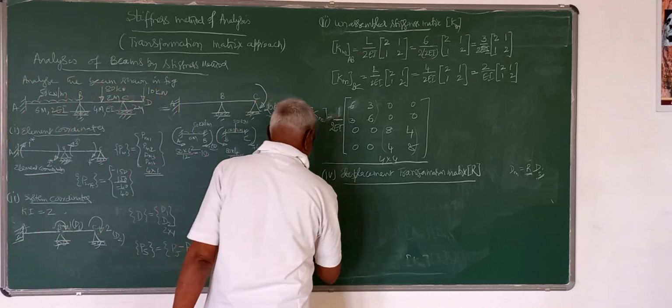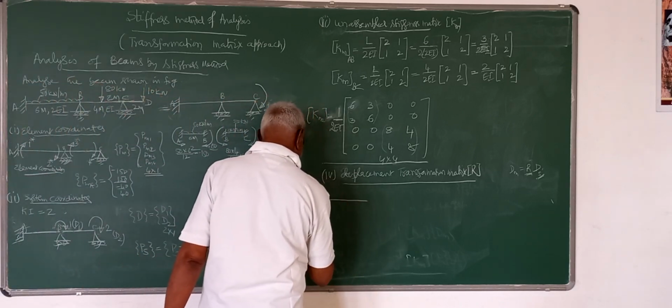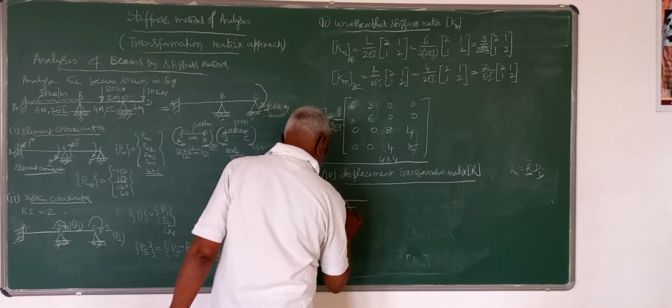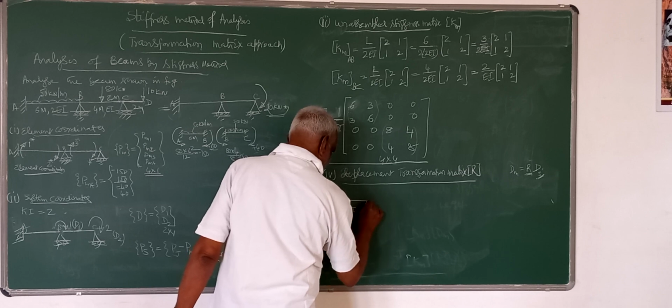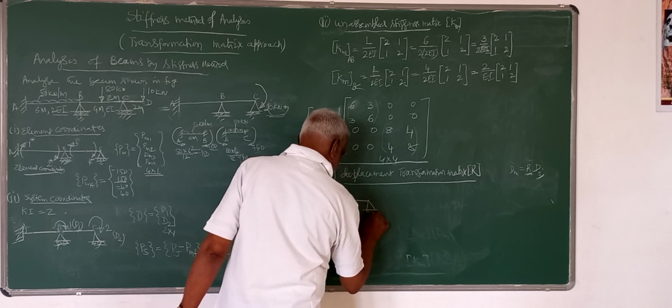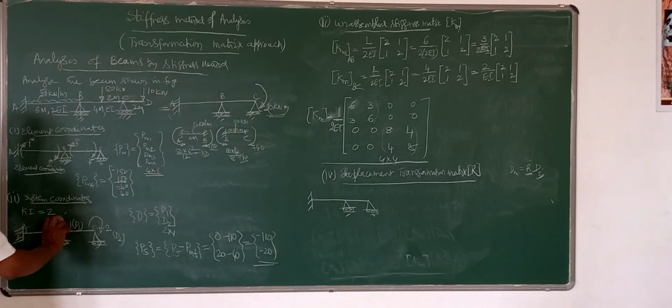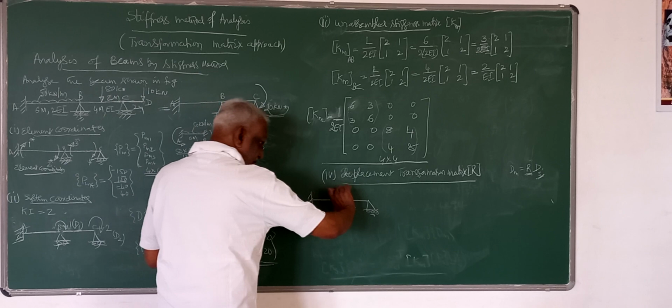So that means I have to take this structure, like this is the structure given. First I have to apply a unit displacement along the global direction 1. Like this is the global direction 1. I have to give a rotation at B in that fashion.